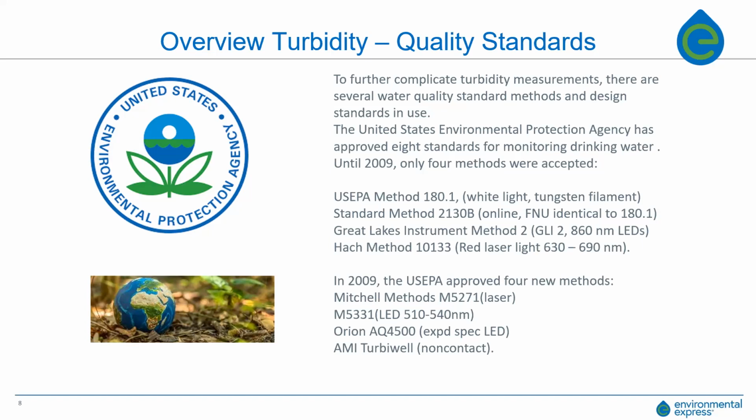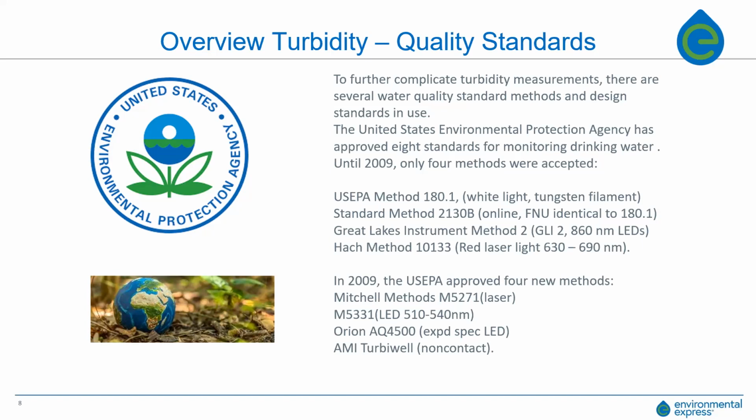Outside the US, for example, the ISO 7027 method using an 860 nanometer LED light source is the quality standard. The monochromatic light source in ISO 7027 eliminates most color interferences and does really well with higher concentrations, from the range of 830 to 890 nanometers.